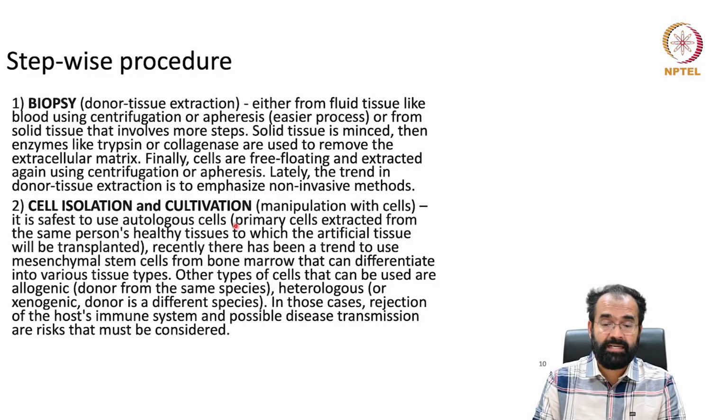Cell isolation and cultivation: manipulation with cells. It is safest to use autologous cells, that is primary cells extracted from the same person's healthy tissue to which the artificial tissue will be transplanted. Recently, there has been a trend to use mesenchymal stem cells from bone marrow that can differentiate into various tissue types.